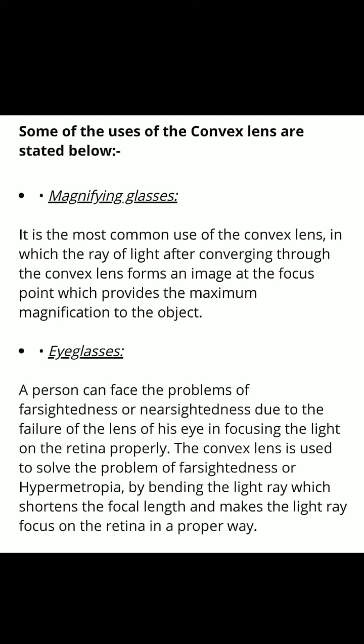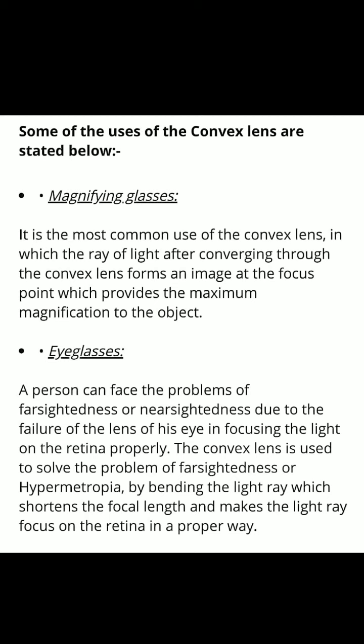They will see a far away object clearly, but not the nearer object. That is called hypermetropia. So a convex lens is used to solve the problem of hypermetropia.